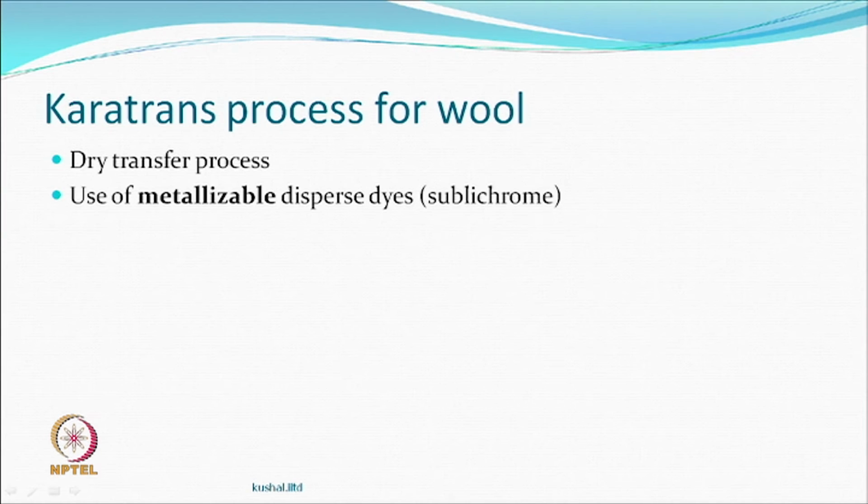What they use are sublimable dyes, but they are also in a way mordant dyes, the ones which can be complexed with metals. If something can make a complex with the metal, and the metal ions are on the wool for example, then the same dye after transfer can now be combined, and so wash fastness could be high.